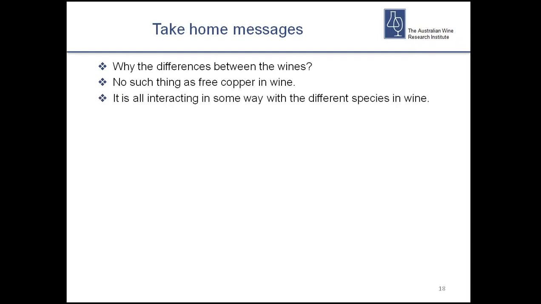So my take-home messages for you today are, firstly, why do we have this difference between the wines? Well, we have to remember that there's no such thing as free copper in wine. It's always interacting in some way with a different wine species. As I've shown you previously, the copper, the SO2, the glutathione, the cysteine and the oxygen can all interact and influence the way the copper reacts in your wine.